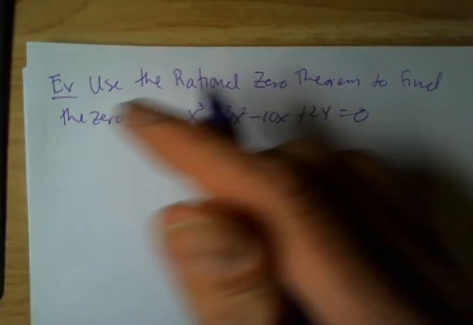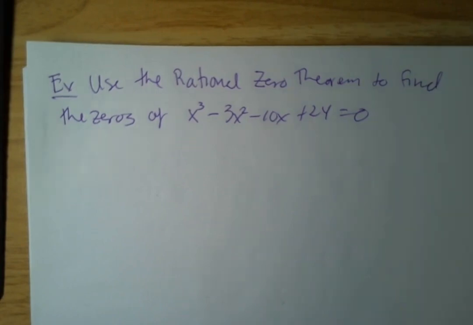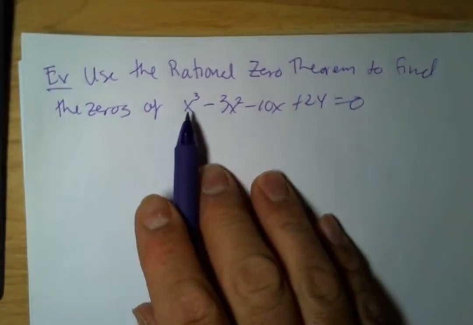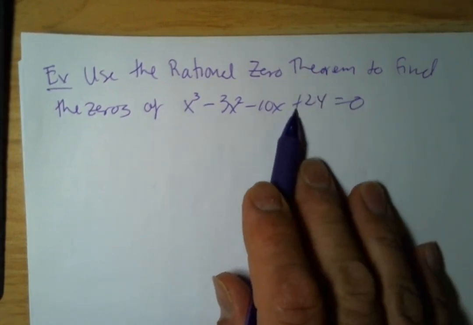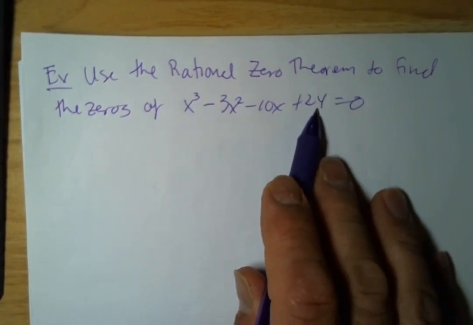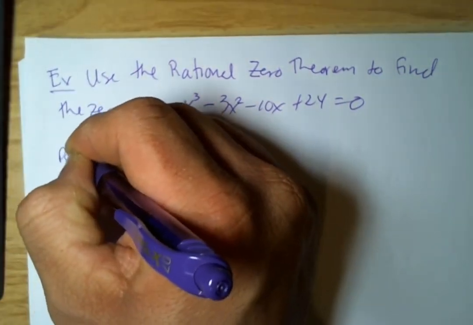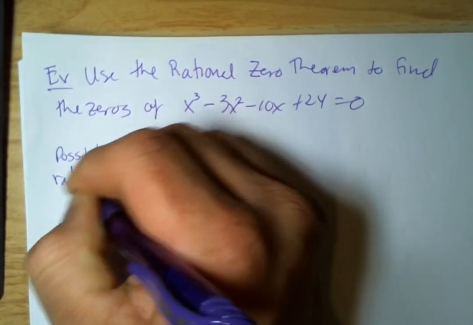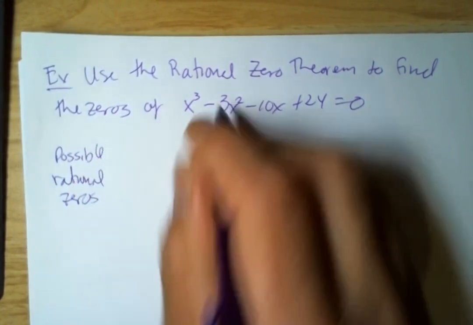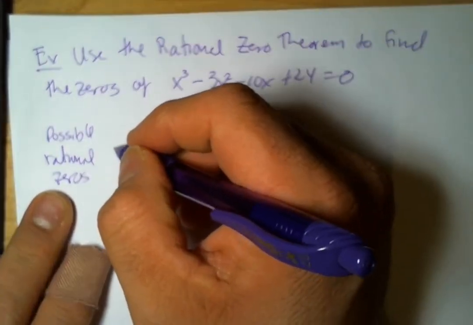Okay, so we are in the state where the leading coefficient is 1. So all our possible rational zeros would be from this 24 here. So possible rational zeros. Here I'm going to include plus or minus.